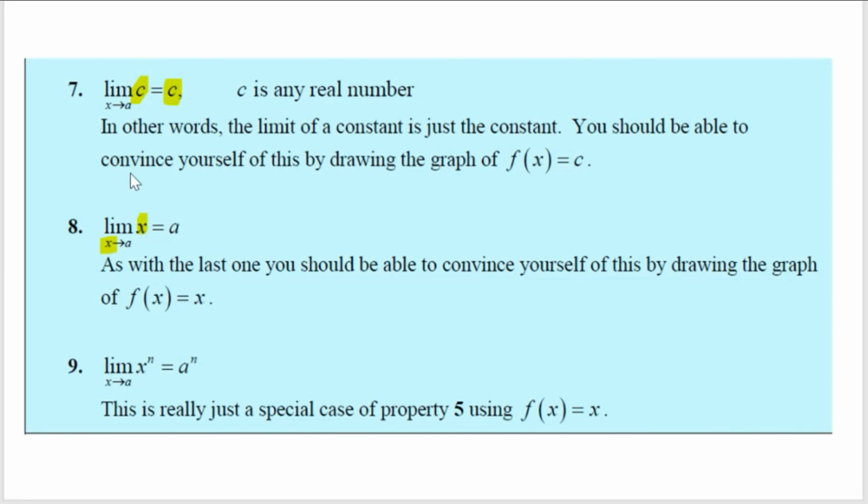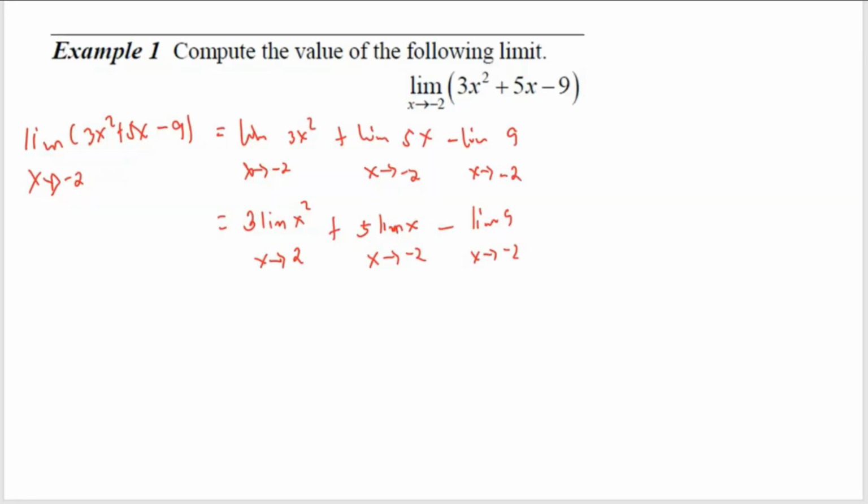For the third term, we have the limit of 9 as x approaches -2, so we are using that property as well. We are using a lot of properties in this example.